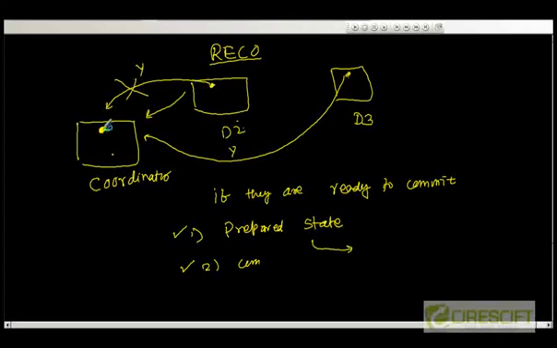The coordinator is waiting for D2 to say if it has committed, and since it didn't get anything back, it just waits. Then the recover process comes in and checks if there are some two-phase transactions which are in the prepared state but never committed.